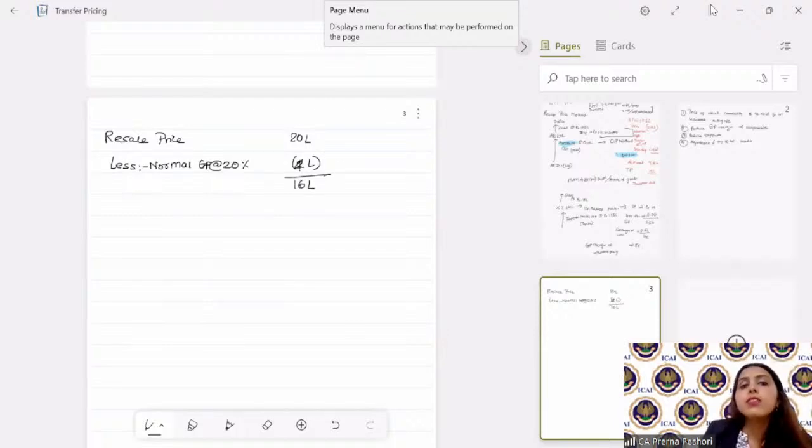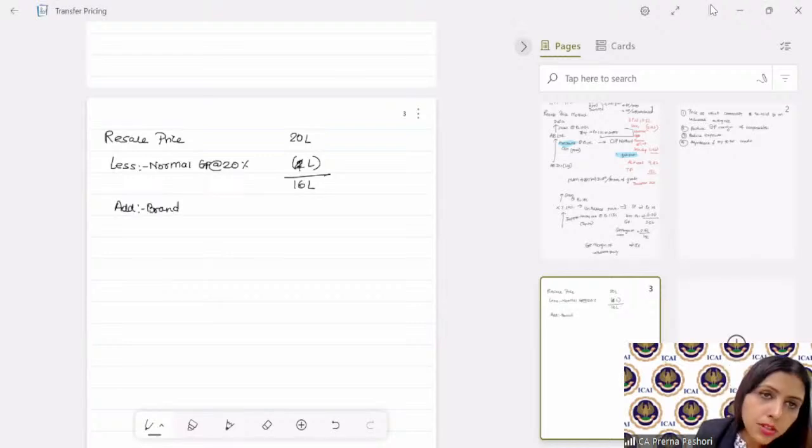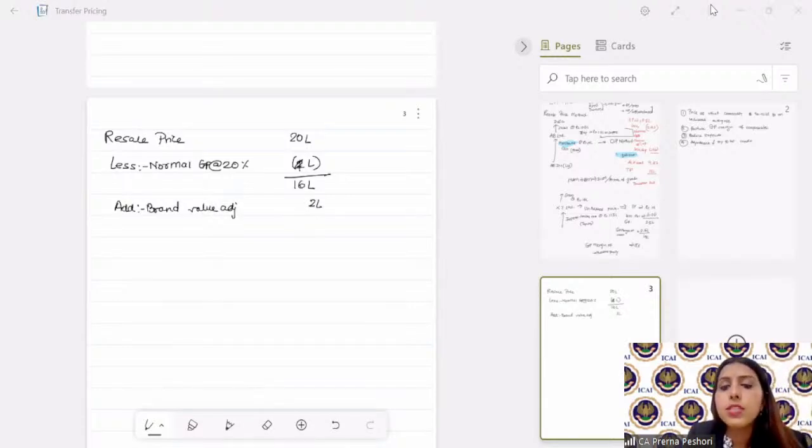Then there are certain adjustments. It says that Sun PT's brand value is internationally known and the benefit of the brand value can be taken as 1% of sale price. Oceania's brand is not that well known, so we will add the brand value adjustment, which will be 2 lakh, 1% of 20 lakhs.